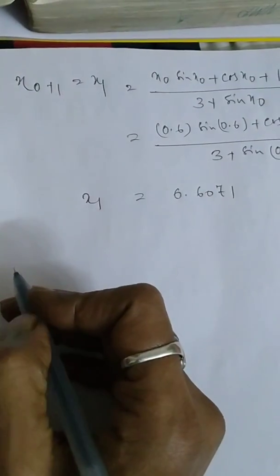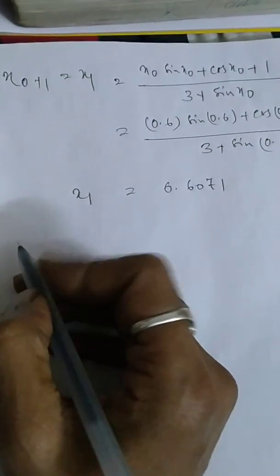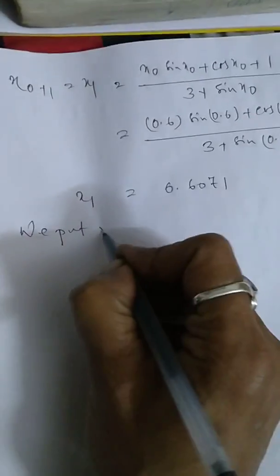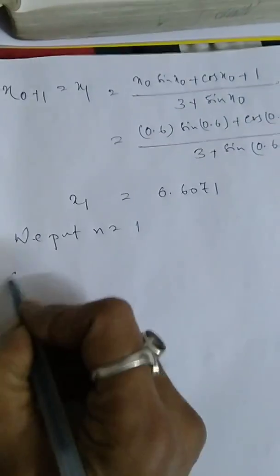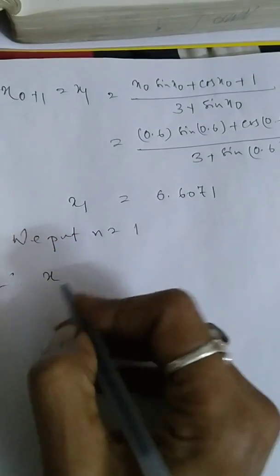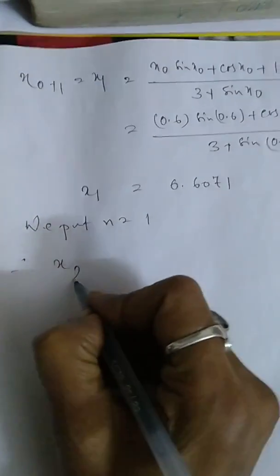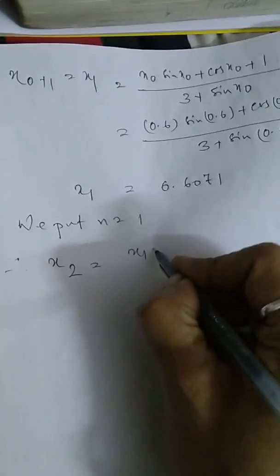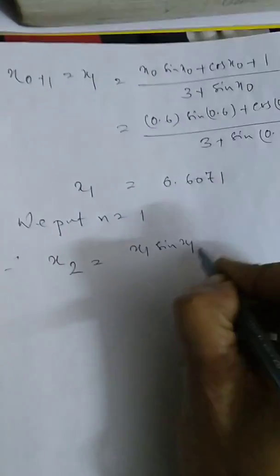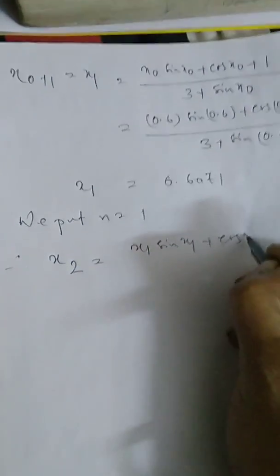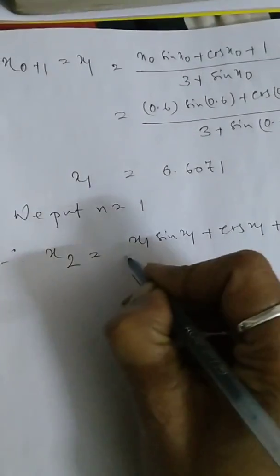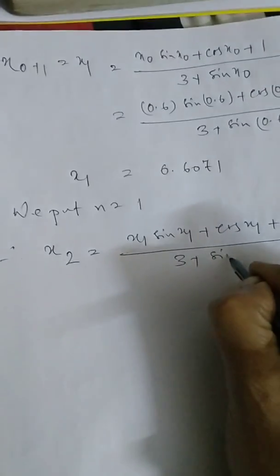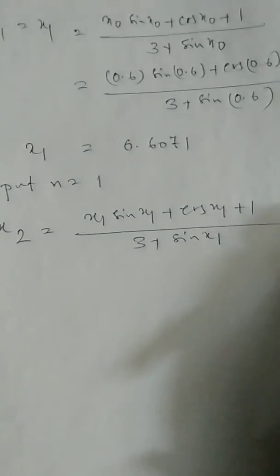Now in the next step we put n equals 1. That means on the left hand side this is x2, and on the right hand side it will come x1 sine of x1 plus cos of x1 plus 1 divided by 3 plus sine of x1.